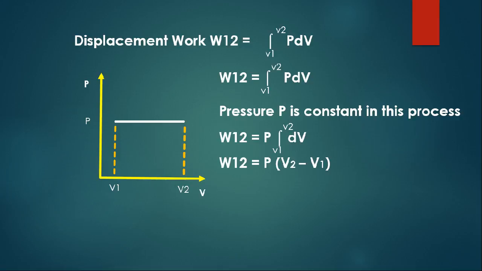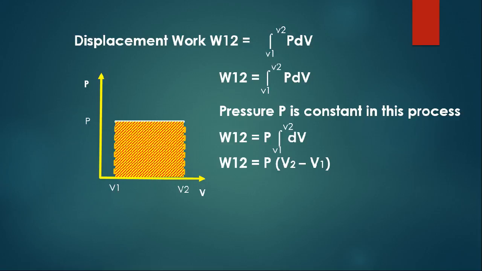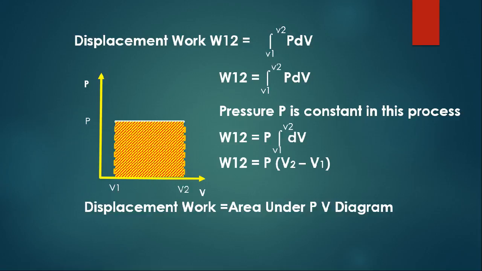P is the height of the rectangle and V2 minus V1 is the length of the rectangle, and we are multiplying height by length. So what do we get? We get an area, which means that the work done in this process is the area under the process on the PV diagram. So we can conclude that the displacement work is the area under the PV diagram.